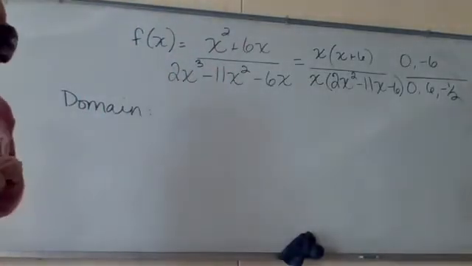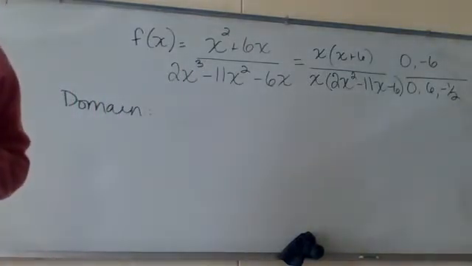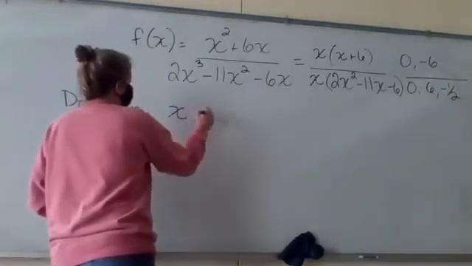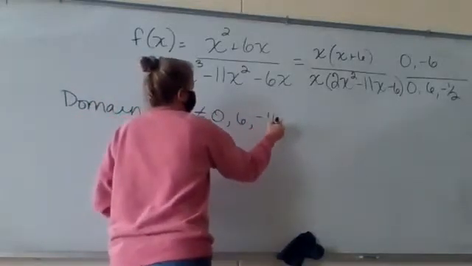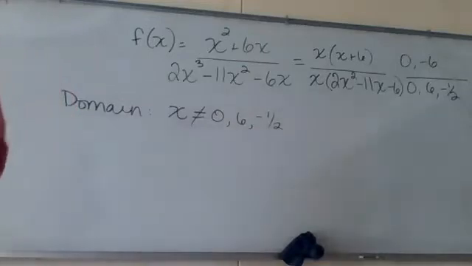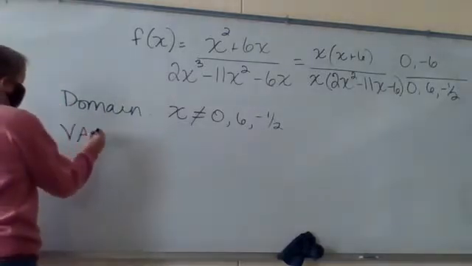This particular problem doesn't make you put it in interval notation. It just wants to know what x cannot equal. So x cannot equal 0, 6, or -1/2. So there's the domain.